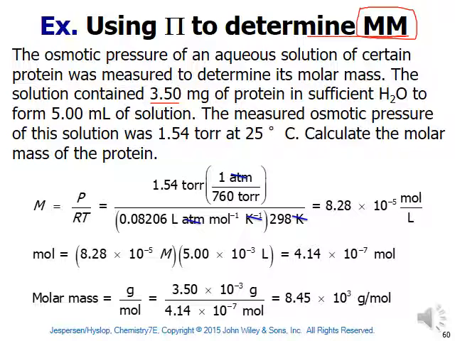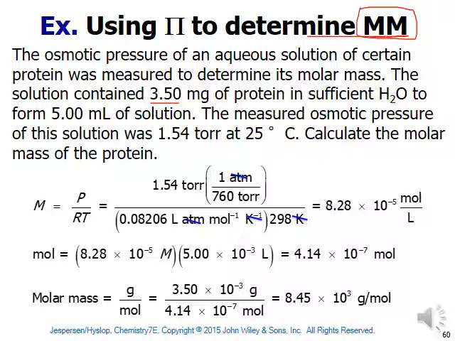So you have 3.5 milligrams. That's your unknown. And it forms a 5 ml solution. The measured pressure is 1.54 torr at 25 degrees C. Calculate the molar mass.